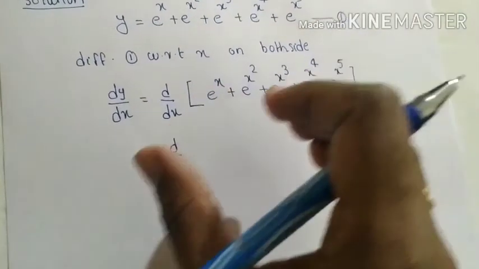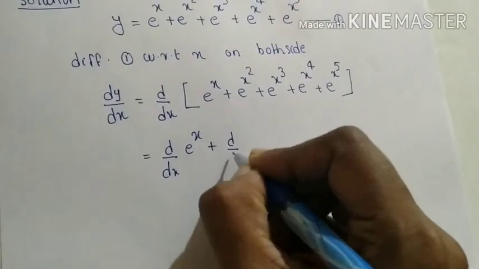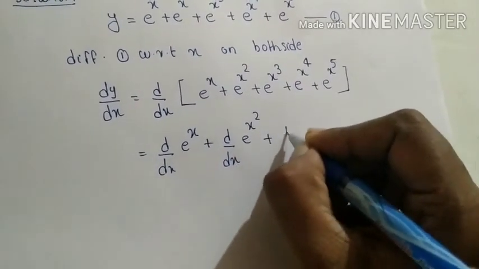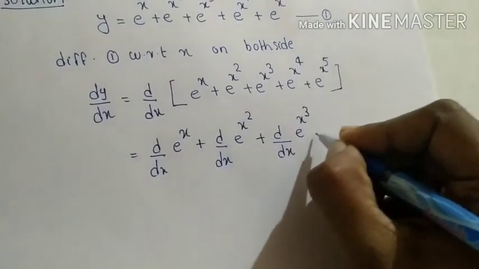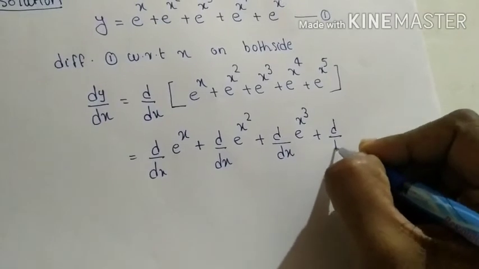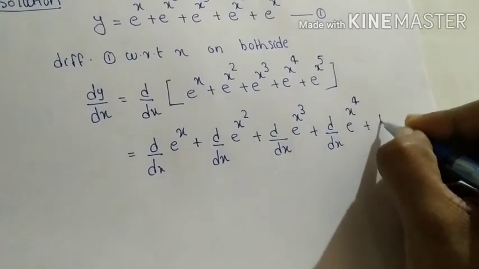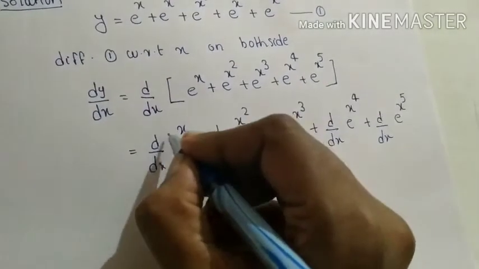So this is equal to the derivative of e raised to x plus the derivative of e raised to x square plus the derivative of e raised to x cube plus the derivative of e raised to x raised to 4 plus the derivative of e raised to x raised to 5.